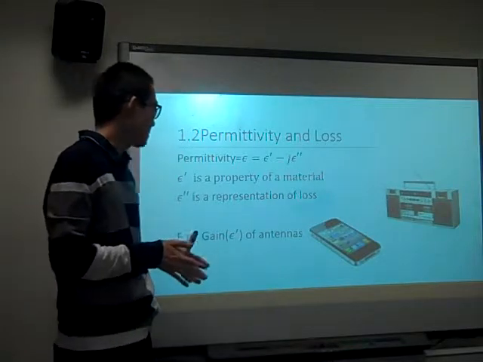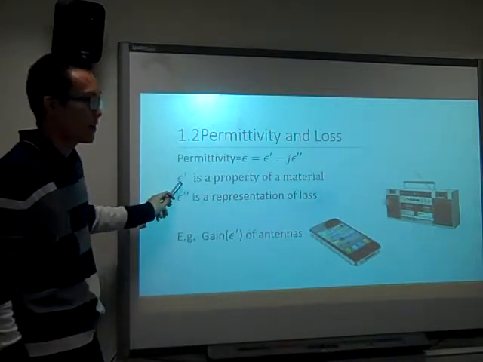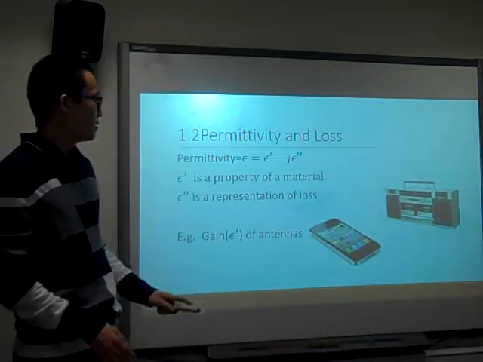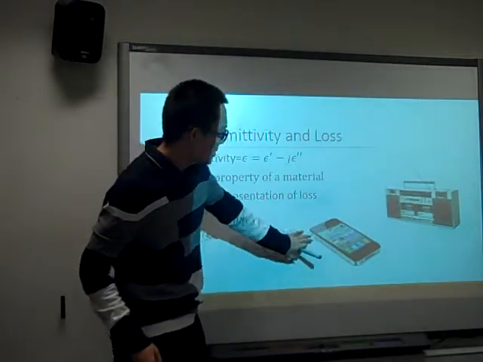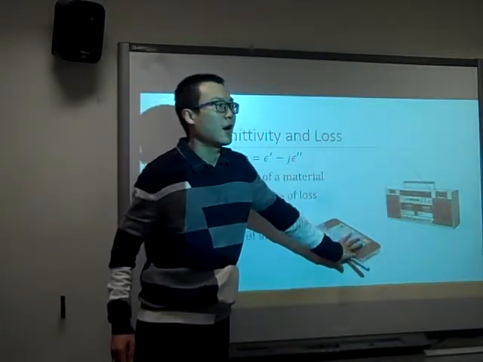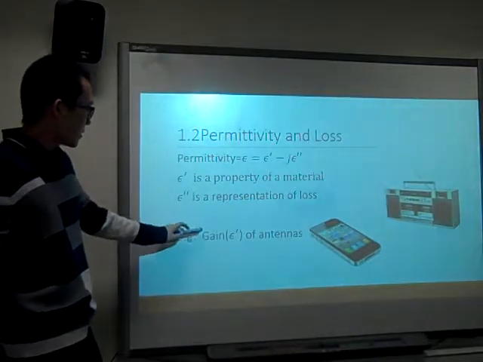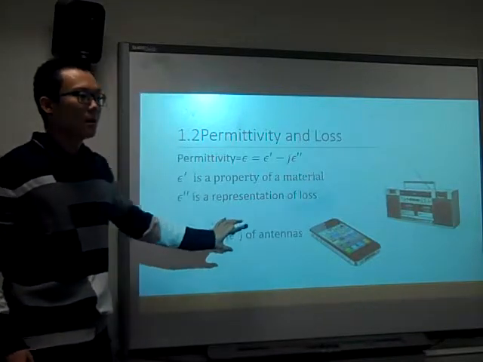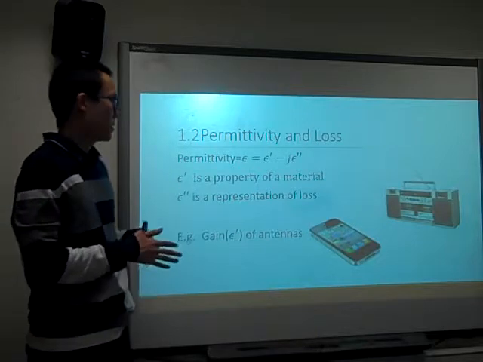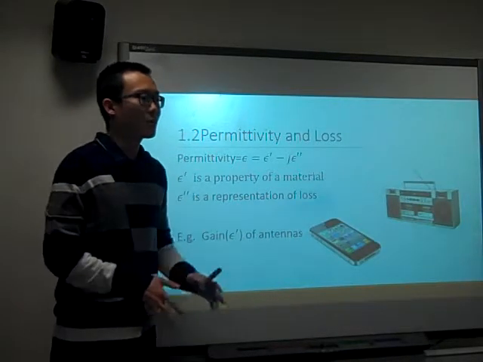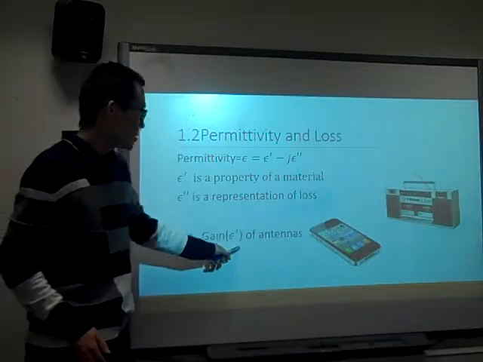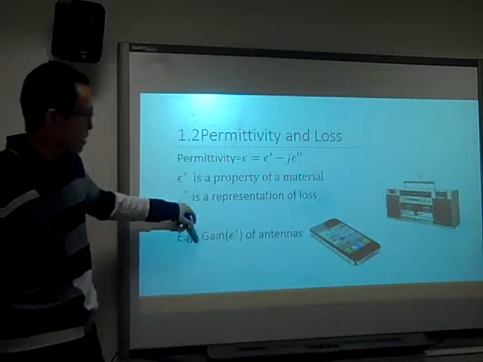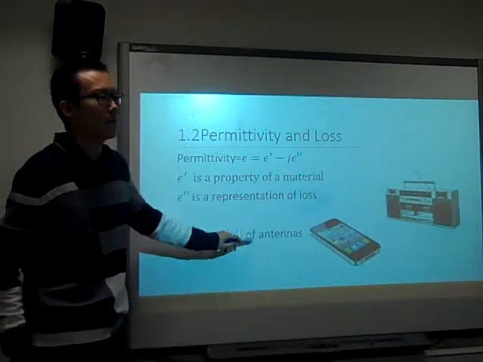Let's give you an example of what the real part means here. Do you know antenna? Yeah, antenna. This is an antenna, and maybe there is another antenna inside your iPhone. Well, the gain is a property of an antenna which can evaluate whether the antenna works well, worse, or better, and this is an equation about the real part of the permittivity.